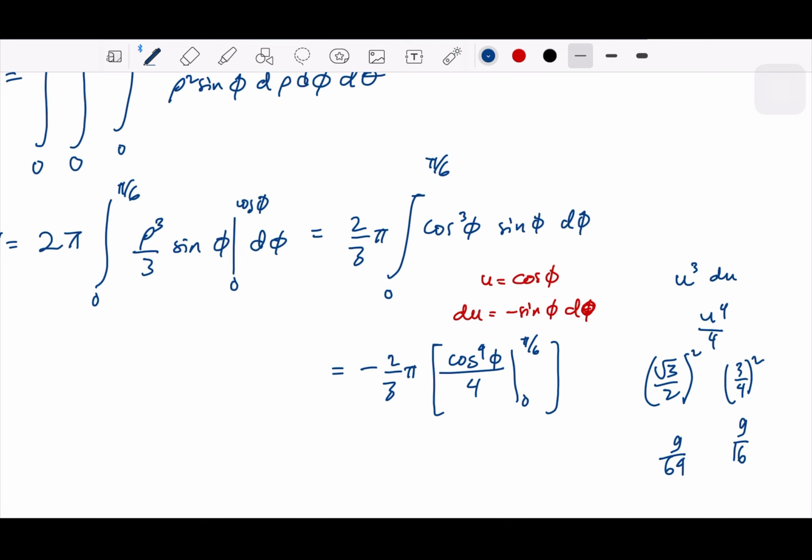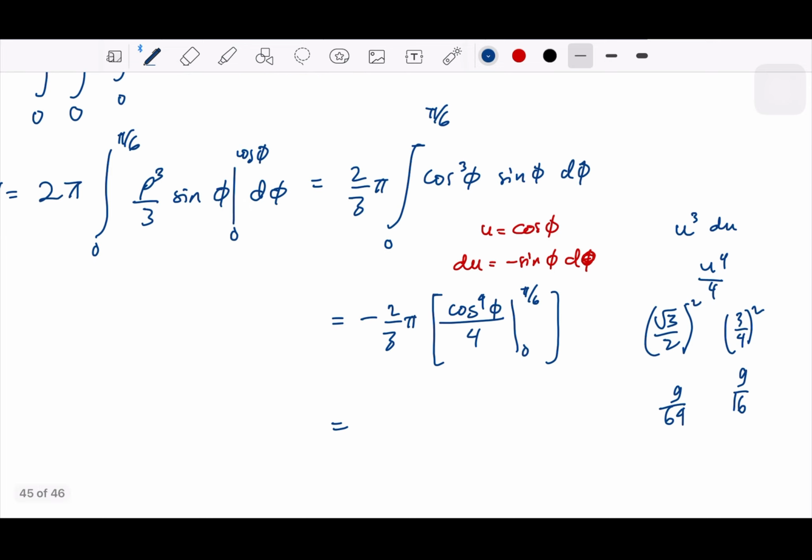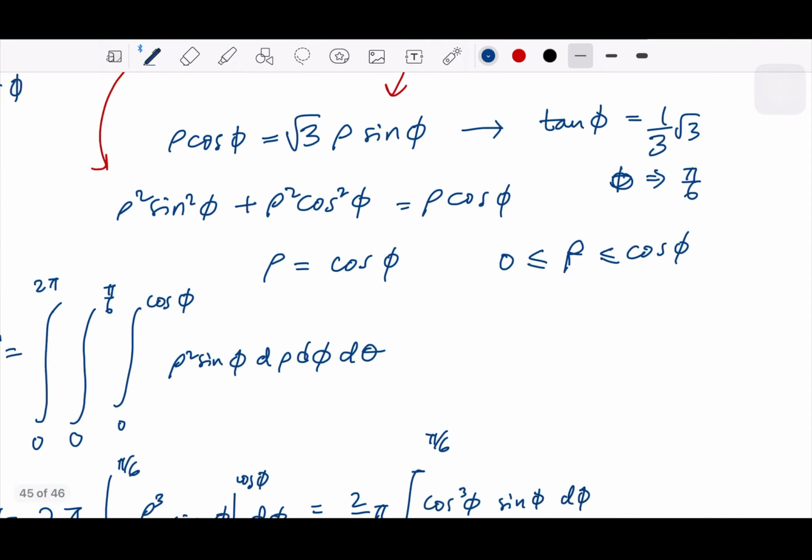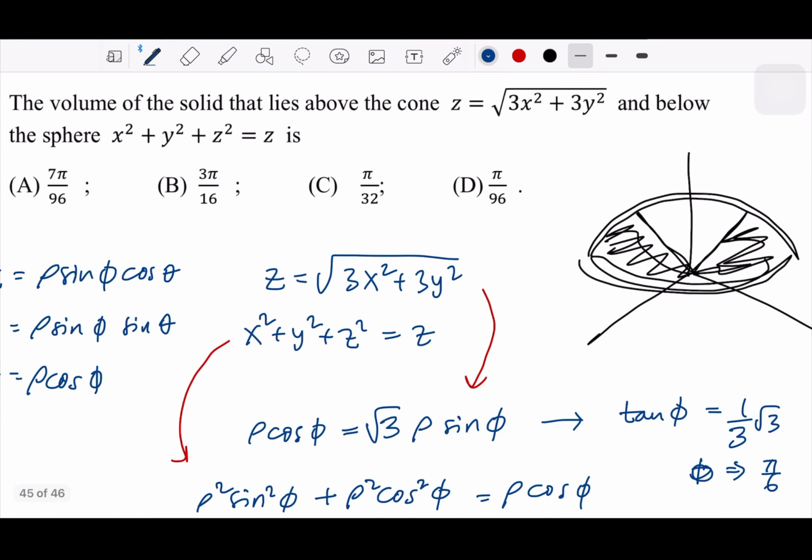This is supposed to be 32, 96. So it's supposed to be 9 over 96.